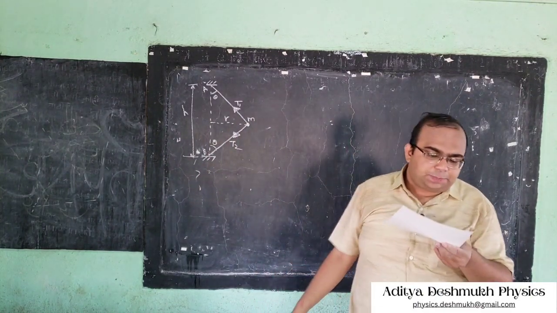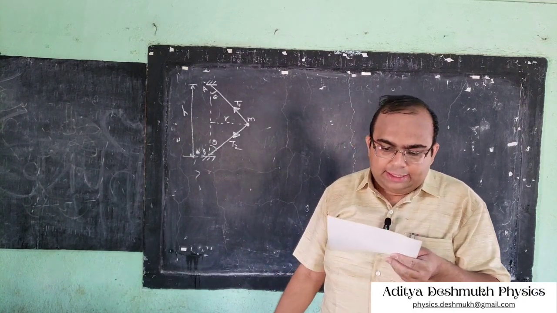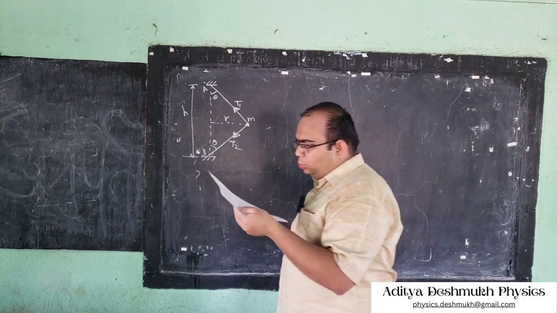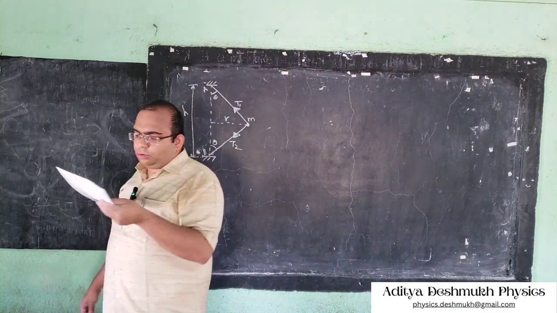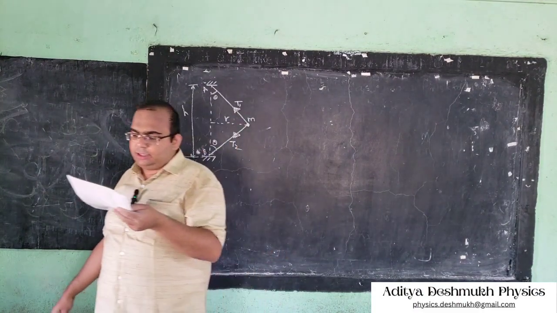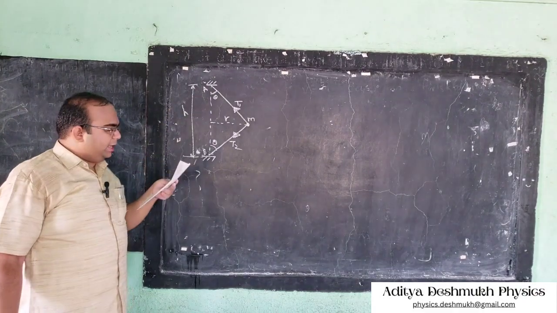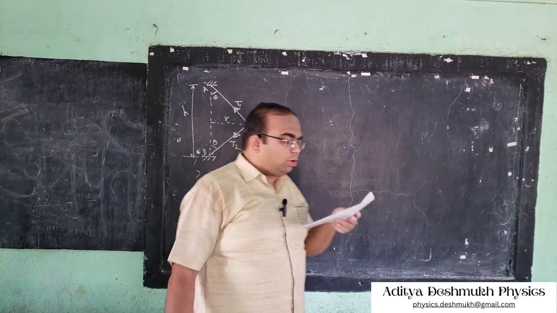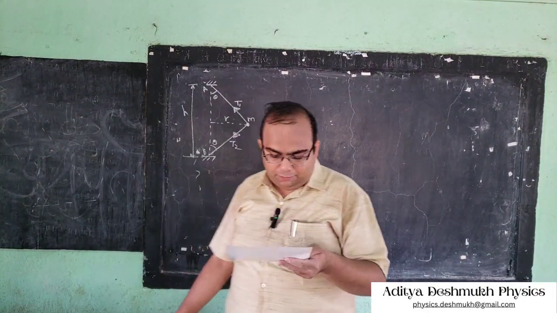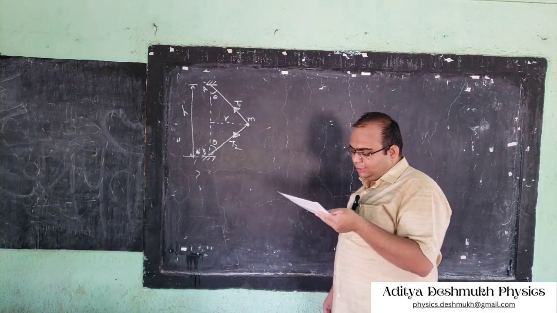If the angular speed of the particle is 2 into root g by h, with vertical distance between A and B being h, what is the ratio of the tensions? What is the ratio of the tensions?